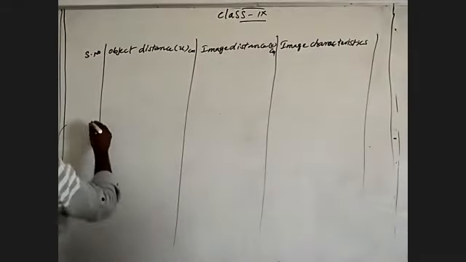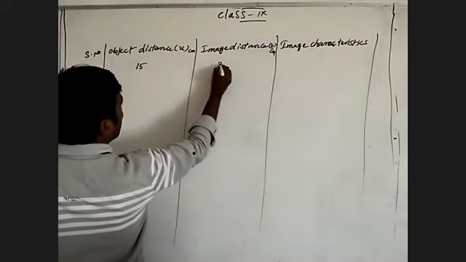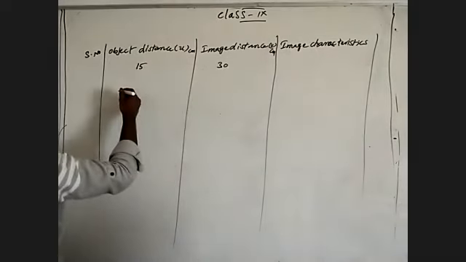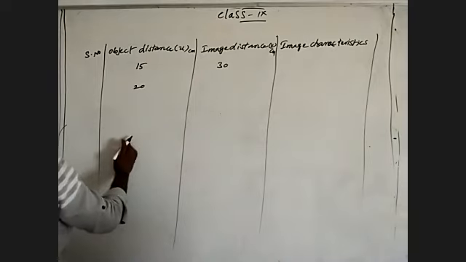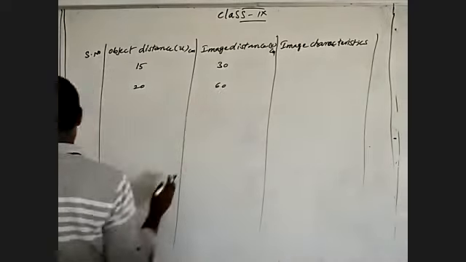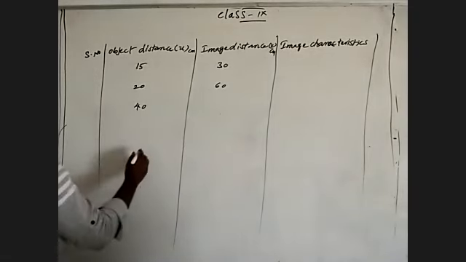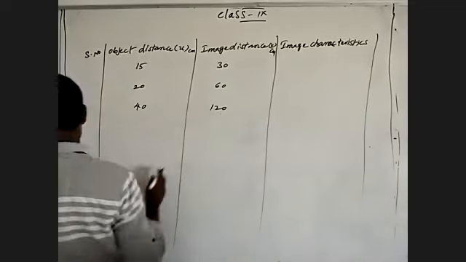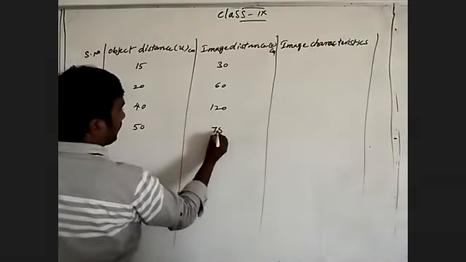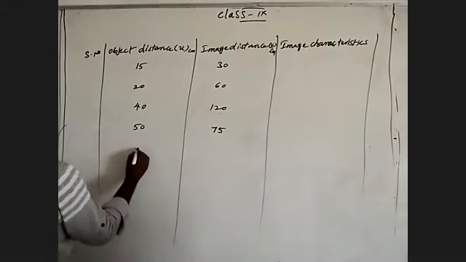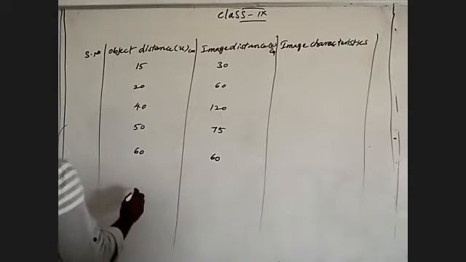So object distance 15, image distance 30; object distance 20, image distance 60; object distance 40, image distance 120; 50 and 75; 60 and 60; 90 and 45.